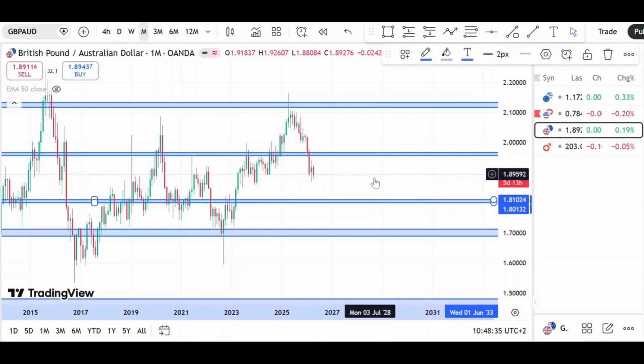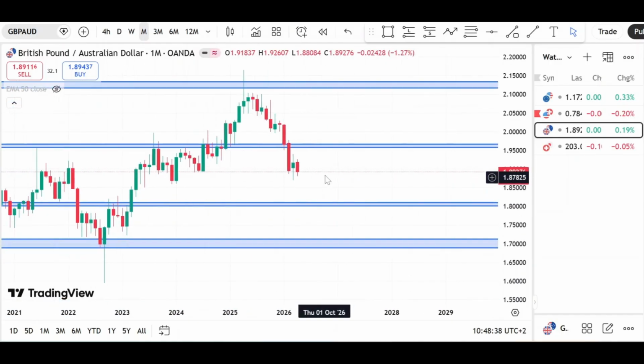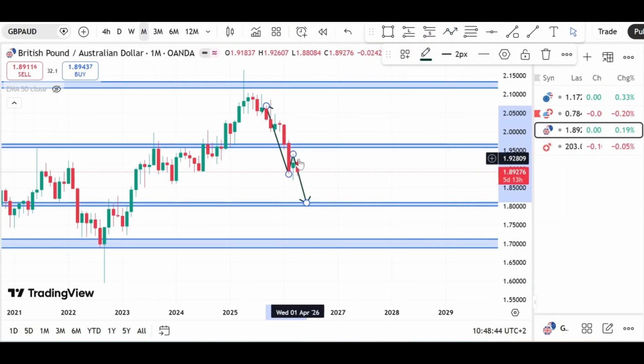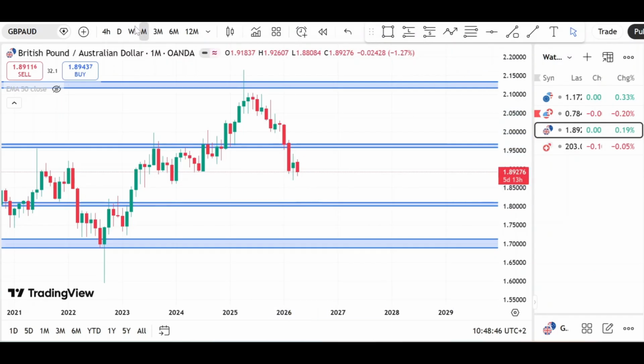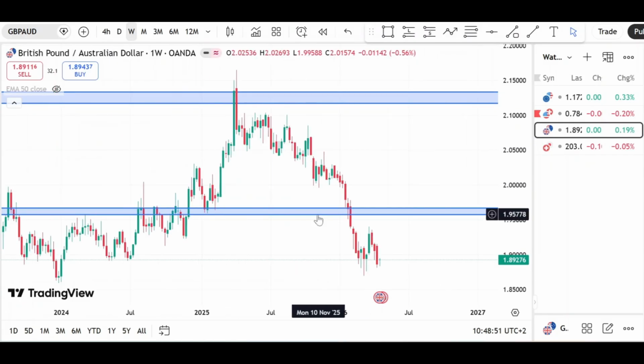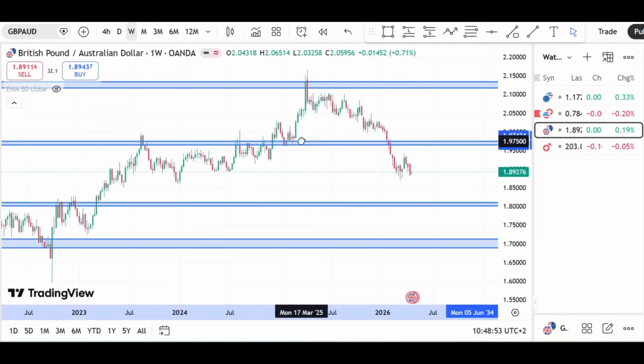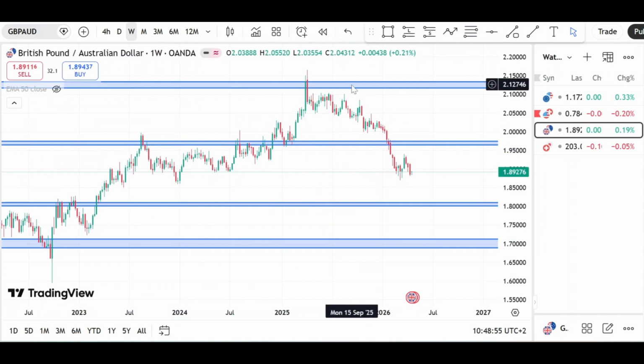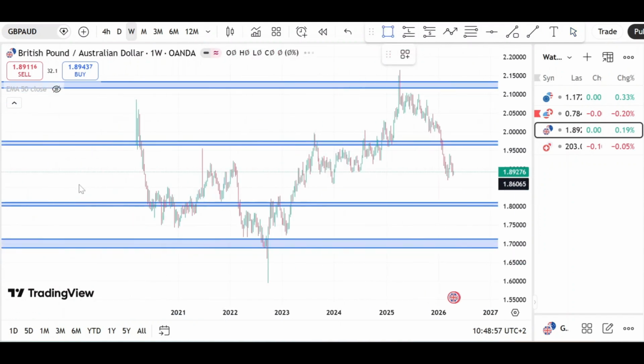As you can see, the price managed to break the monthly zone, with a break of structure and retest. Expect the price to keep moving in a downtrend. And so let's go to a weekly time frame to see what's happening. As you can see, beautiful, here we are in a downtrend.